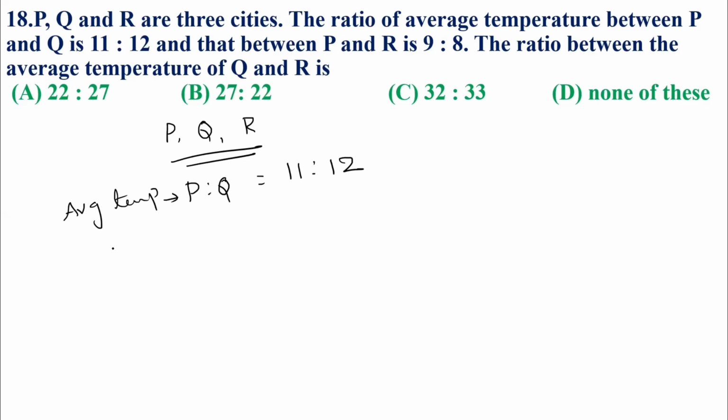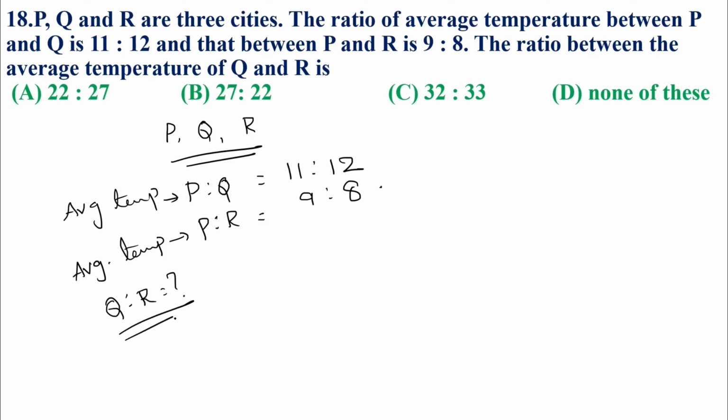And between P and R, the average temperature is given as 9 is to 8. I need to calculate the ratio between the average temperature of Q and R. So Q is present here and R is present here. I need to combine all these, so I should get P, Q, R.